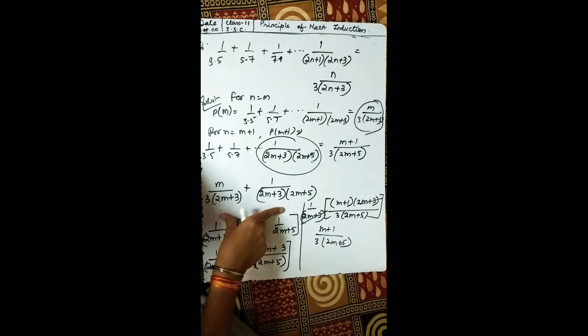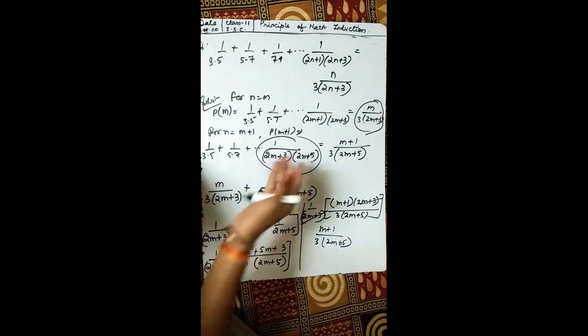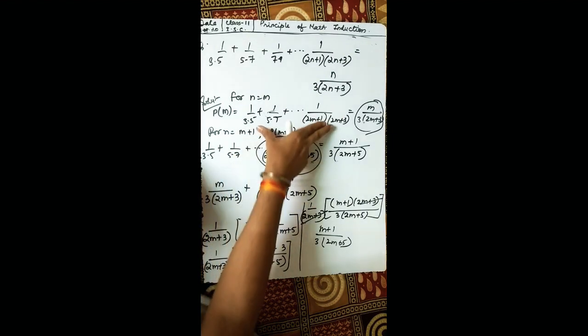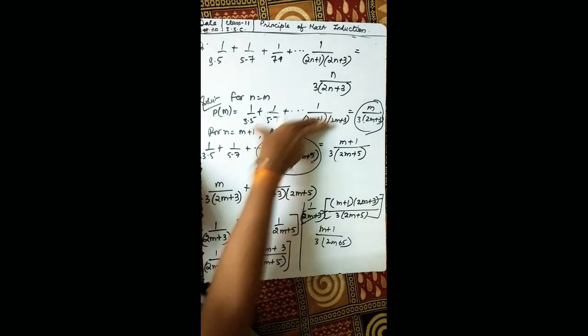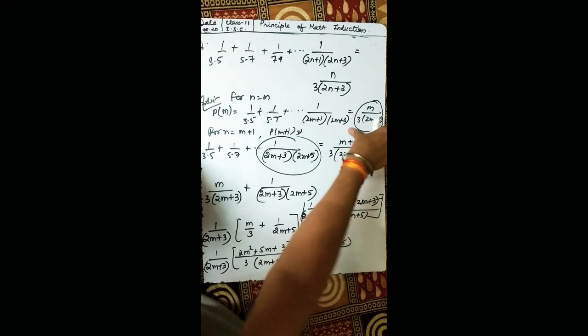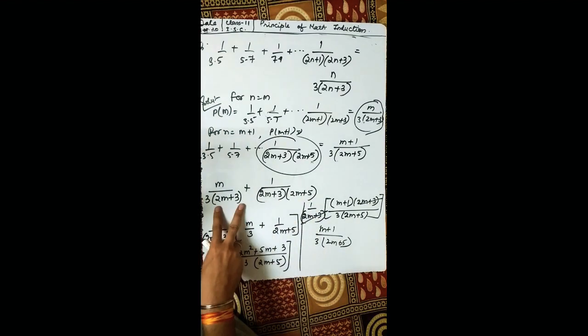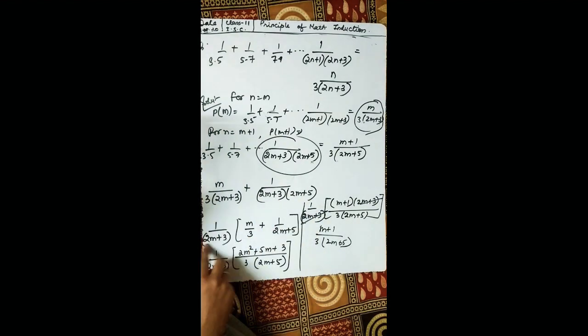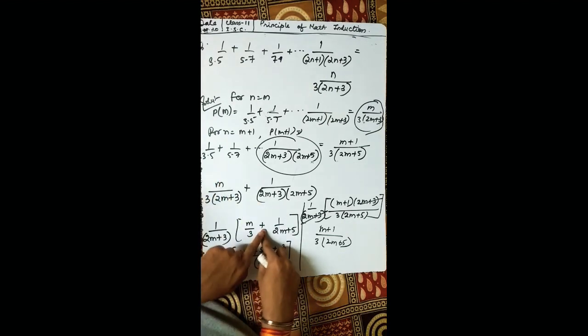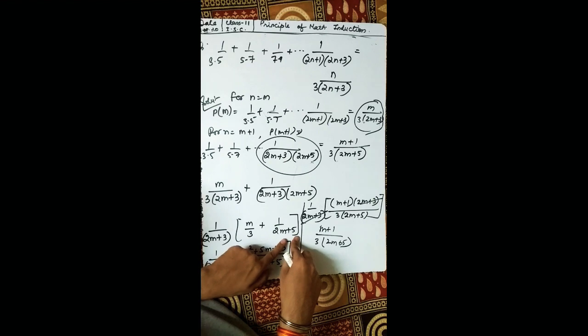So I have written, because this step can be written as the preceding step, we will get this same step, and in place of that step we are writing this. So directly we can write this plus this one. In these two you can take 1 upon 2m plus 3 common. So 1 upon 2m plus 3 I've taken common. You are left with m upon 3 plus 1 upon 2m plus 5.